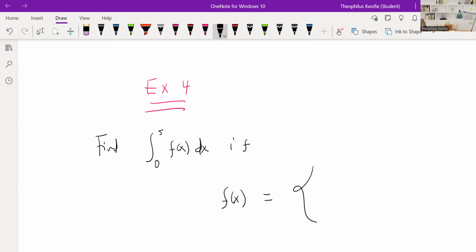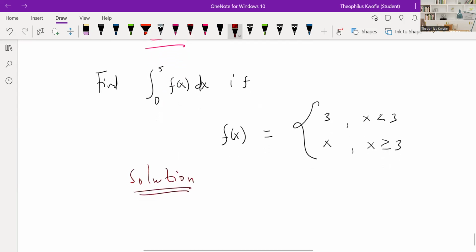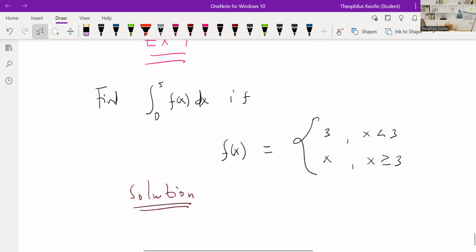Suppose that a function is defined in a piecewise manner. How do we solve such a problem? You know, our original function is defined in a piecewise manner. How do we solve this?